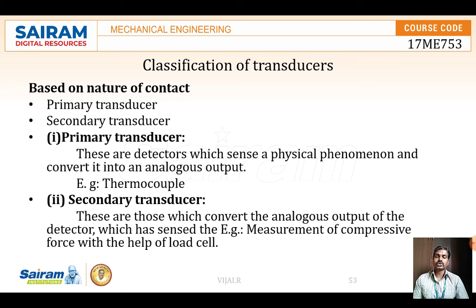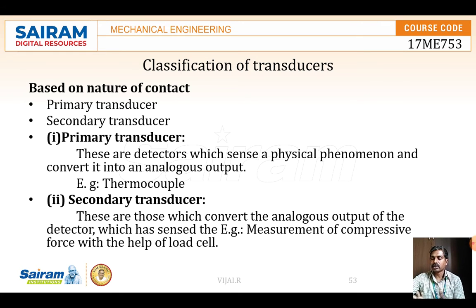If it is a secondary transducer, the analog output of the detector is converted again into some other form. Any output that comes from the primary is taken as the input of the secondary, and if it changes into another form, that is the secondary transducer.